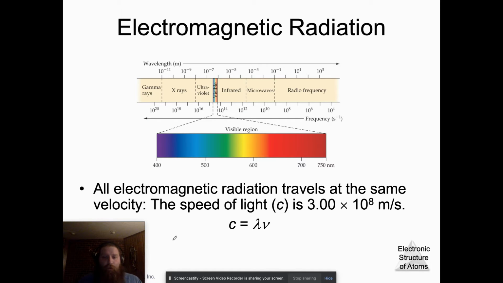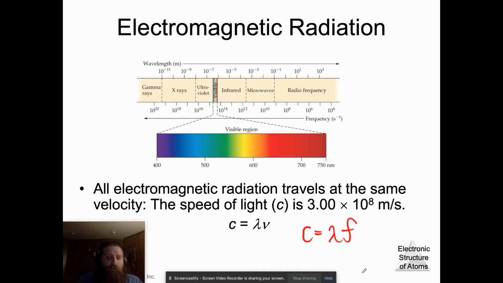When you look at EMR, we can calculate wavelength and frequency using this equation right here, c equals lambda v, or in my opinion anyway, a better way to write that would be c equals lambda f. Either way, they both say the same thing. Something that you're going to want to memorize, just a constant, is c.